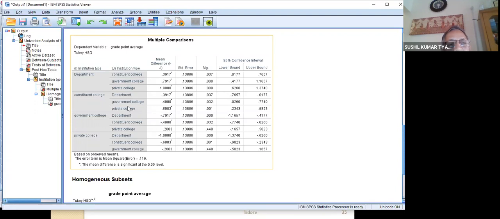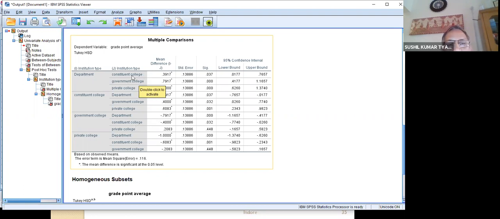Total tests are 12, because there are 4 groups. So 4 groups have 6 pairwise comparisons: 1-2, 1-3, 1-4, 2-3, 2-4, 3-4. So this takes double. So we focus only on the positive or the negative.